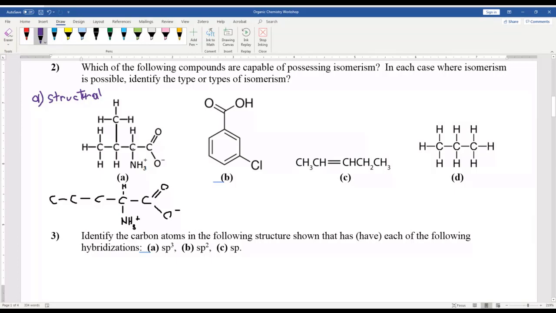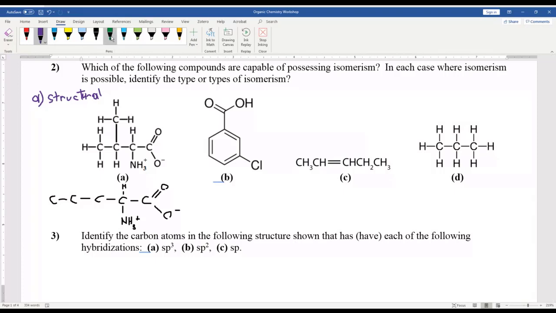So then I have to look at, does it have a chiral center? In order for something to have optical isomerism, it has to have what's known as a chiral carbon, or a chiral center. Usually it's a carbon, and a chiral carbon is a carbon that is bonded to 4 different groups.